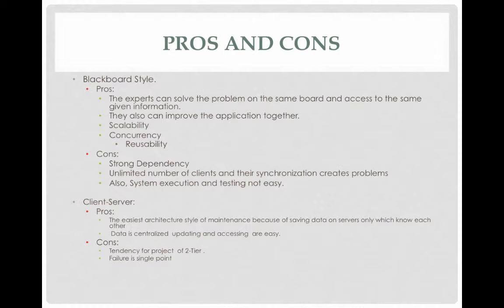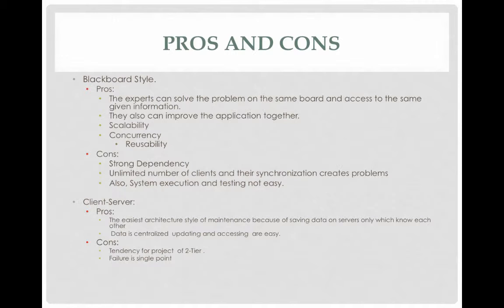The cons of this style: it has strong dependency between classes, and it has an unlimited number of clients, which creates problems when the systems synchronize their contact to the server, and then system execution and testing is not easy in this style.